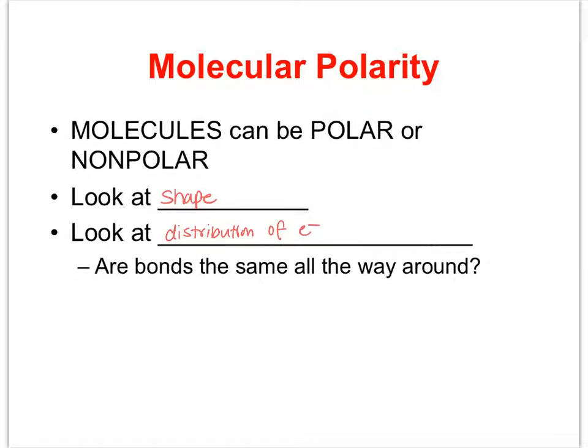Sometimes the shape is all you need to tell you if a molecule is polar or nonpolar, but sometimes you also have to address the elements that are involved and where their electrons are. So basically for this distribution of electrons, look and see if the bonds are exactly the same across the entire molecule.